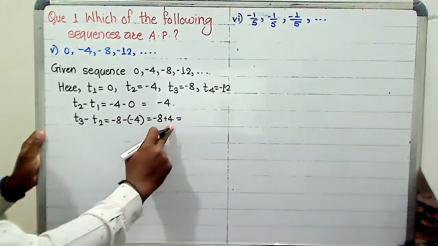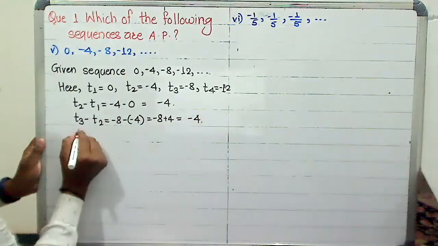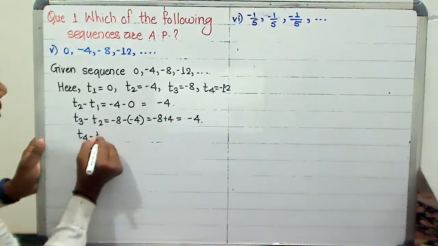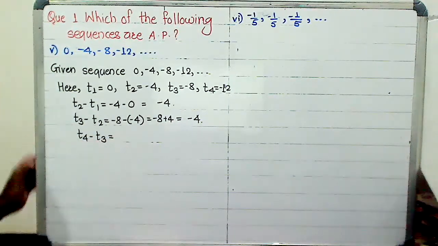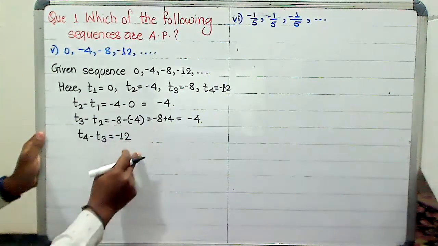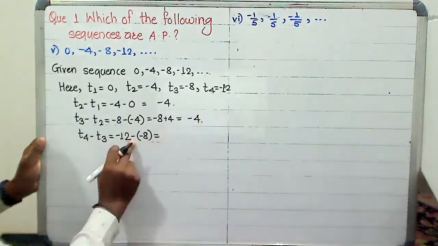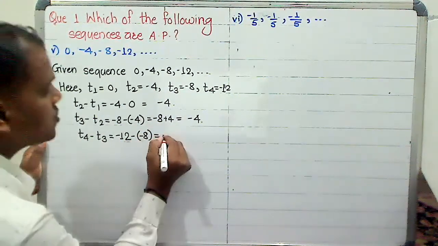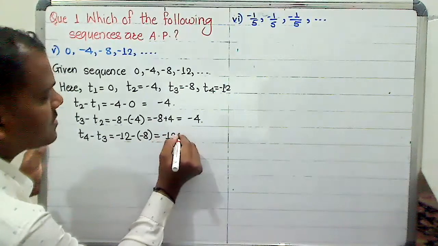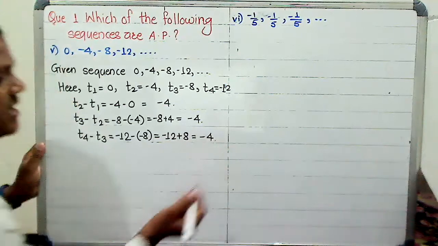So again addition of these two numbers is minus 4. So now T4 minus T3 is, value of T4 is minus 12. Value of T3 is minus 8. So again, minus minus will become plus. So minus 12 plus 8 is again minus 4.